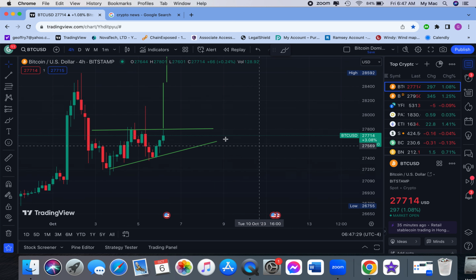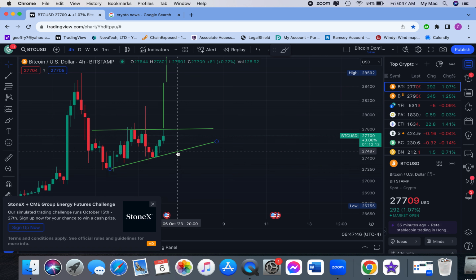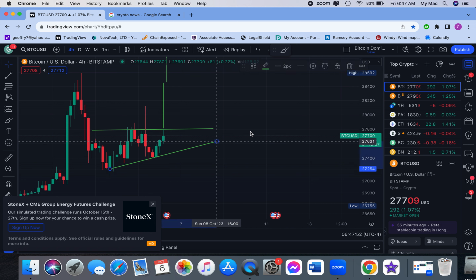Right now in the 4 hour, we can see our little breakout zones. Now we're getting a little pullback right now. 27.7. We got rejected off of these points. So this works as resistance. Now if we can get above it, it could become new support. So we could be testing back down to that level I talked about, the 27,500, for a later breakout down the road.